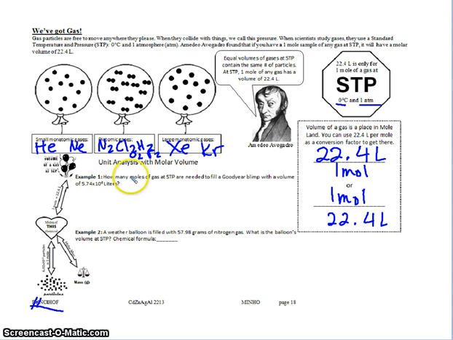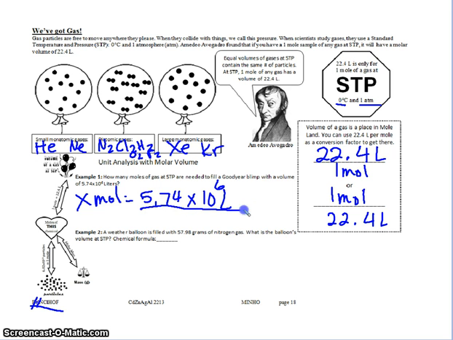So in example 1 here, we want to know how many moles of gas at STP are needed to fill the Goodyear blimp. The Goodyear blimp has a volume of 5.74 times 10 to the 6th liters.